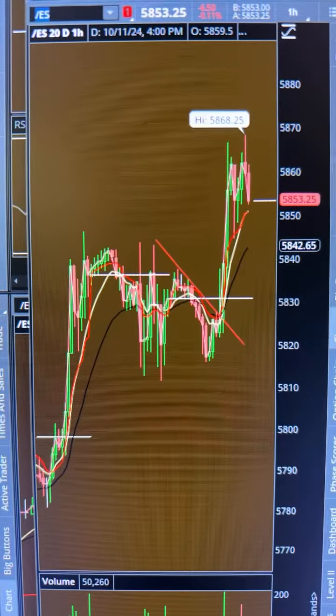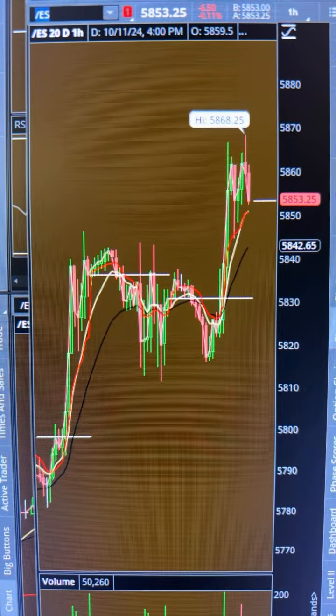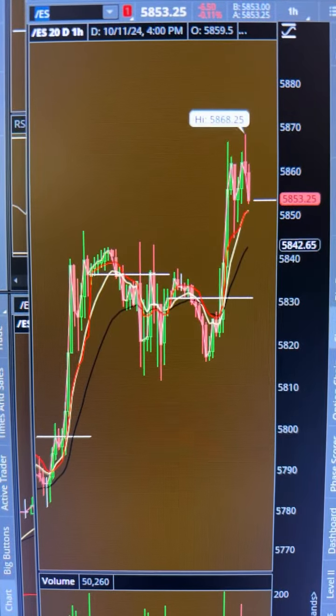I'm going to try to be very specific on these levels. I've got to clear this drawing set. Let me get these levels ready. Actually, they are going to be zones too, but they're much clearer than the SPY zones.